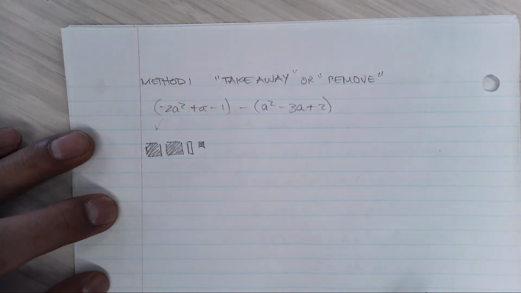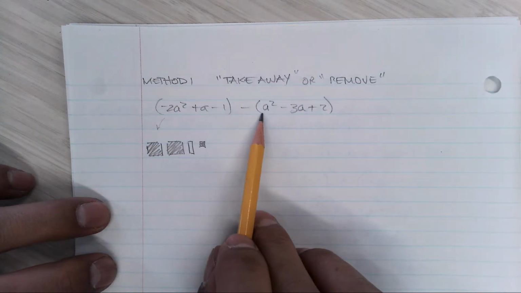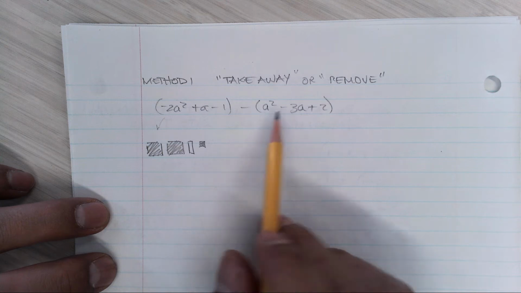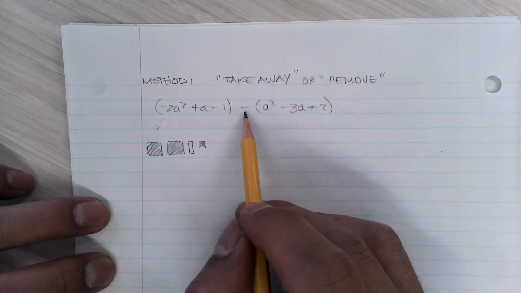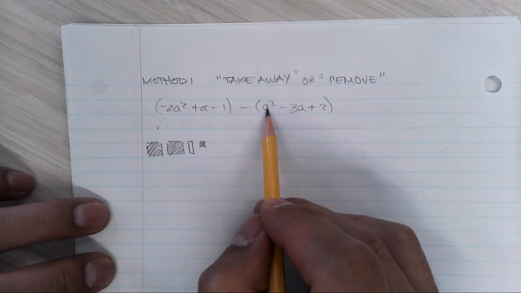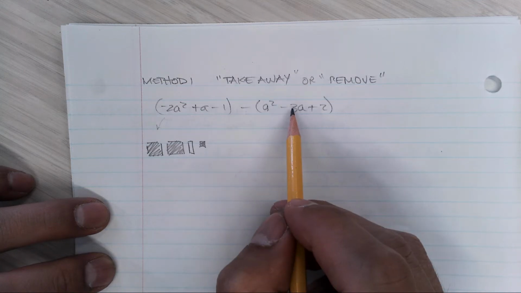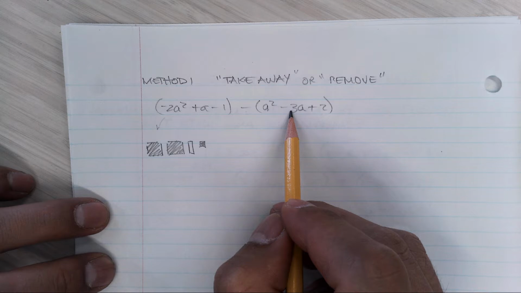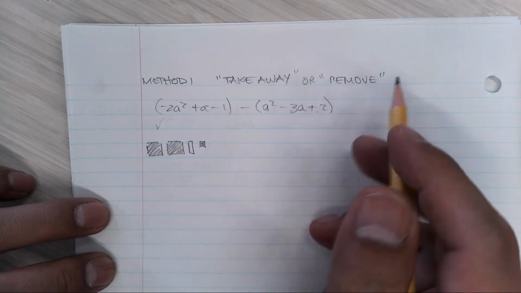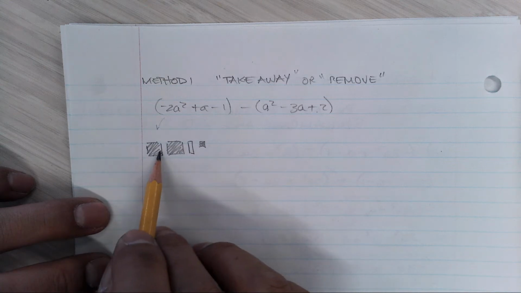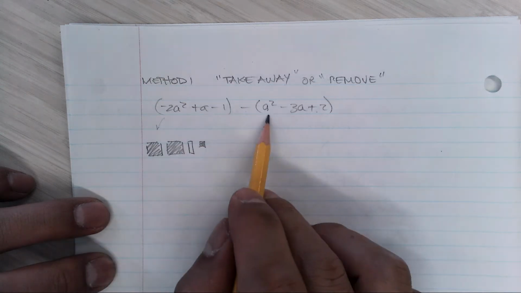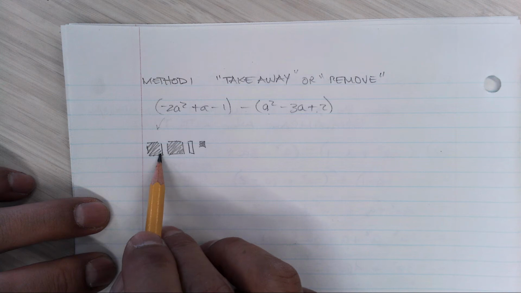Okay? And so this part now becomes an instruction. You can read it this way. It says, take away an a squared tile. Take away 3 negative a tiles. And take away 2 positive tiles. Well, if this is my original set of tiles, I already have a problem, because if it wants me to take away an a squared from here, I can't.